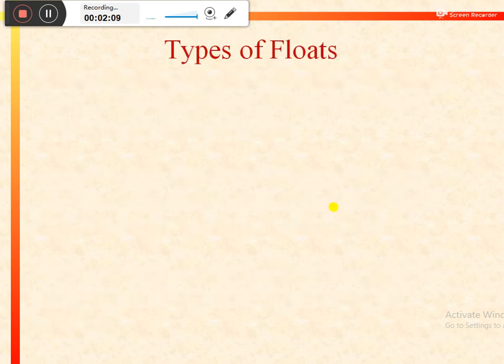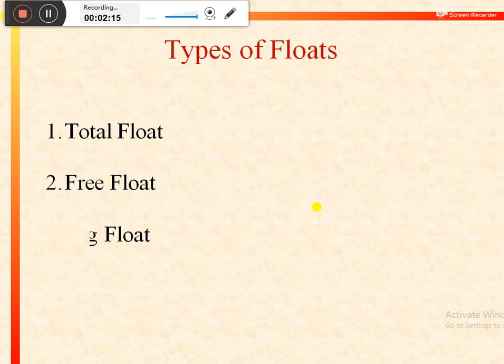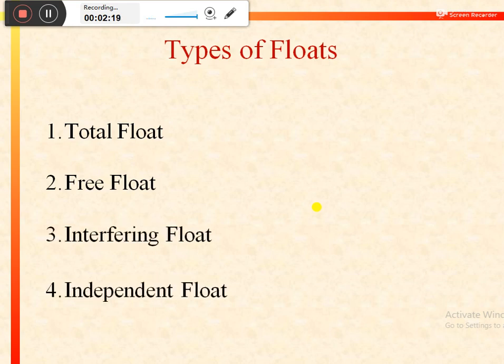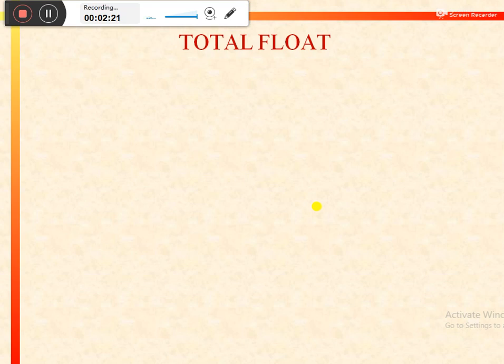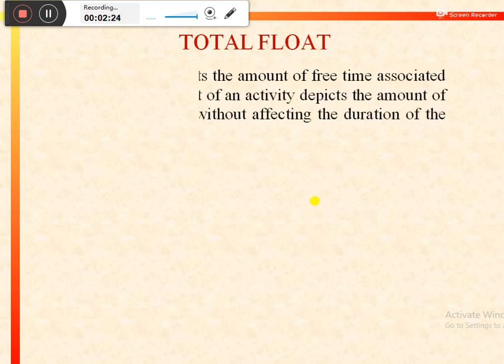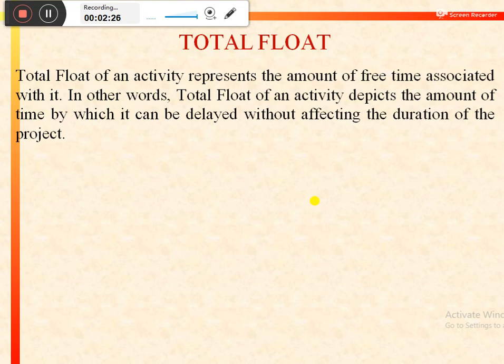There are different types of floats that we will discuss in this video. These are total float, free float, interfering float, and the independent float. So let's start with the concept of total float. Total float of an activity represents the amount of free time that is associated with it.